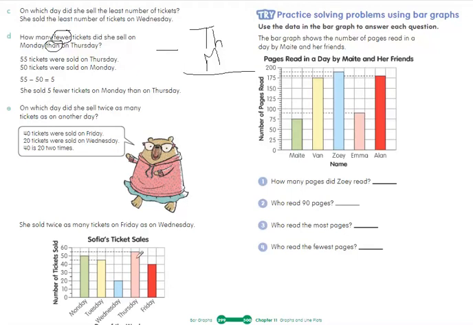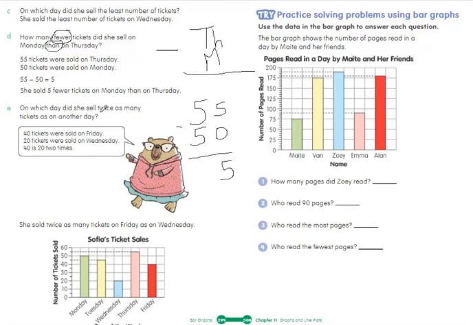So on Thursday, she sold, well, it comes right between 50 and 60, so that's 55. And on Monday, she sold 50. So 55 minus 50 is 5. So she sold 5 fewer tickets on Monday than Thursday.